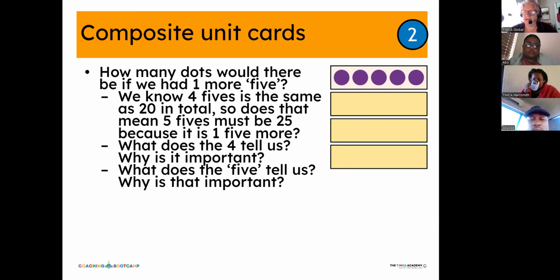And what does the 5 tell us? And why is that important? The 5 also tells us in which multiple we should count in, and the groups of 5 are important because we are now counting in 5s, and if you're not counting in 5s, whereas you're instructed to count in 5s, you will get a wrong answer.